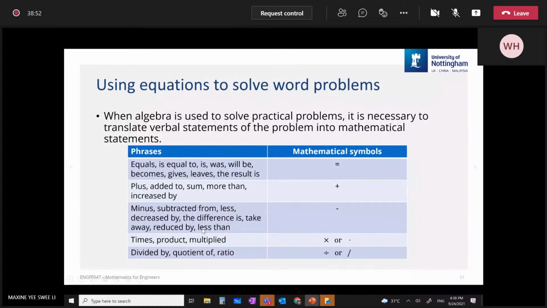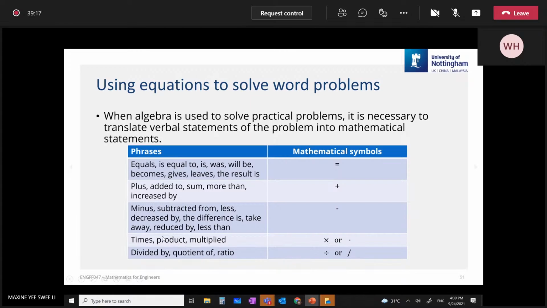The opposite: if you read something that says decreased by, or the difference is, or reduced by, or less than, then we need to use the subtract symbol, minus. When do we use multiply?